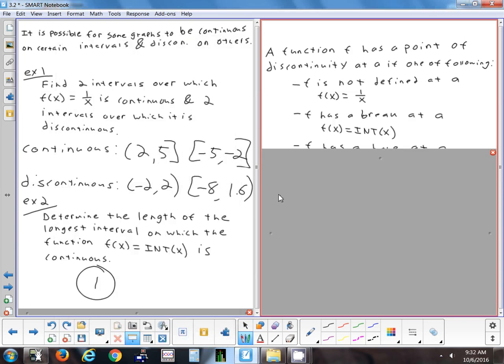Another way you can get a discontinuity is if your graph has a break in it. It's not that there's an undefined value here. The integer function can accept any number you want. As I said, all the integer function does is take your number and round it down to the next lowest integer. So, is there any number you're not allowed to round down?